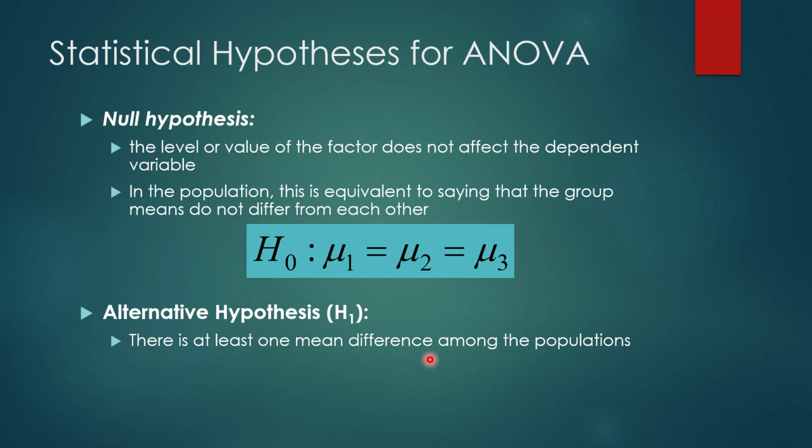The acceptable notation is just "not the null hypothesis." You wouldn't want to put that the mean of population 1 doesn't equal the mean of population 2 and it doesn't equal the mean of population 3, because then all of those would have to be different in order to get your significance.